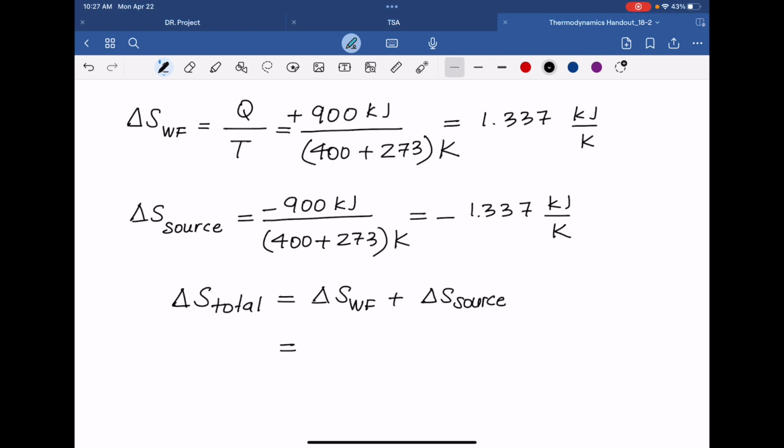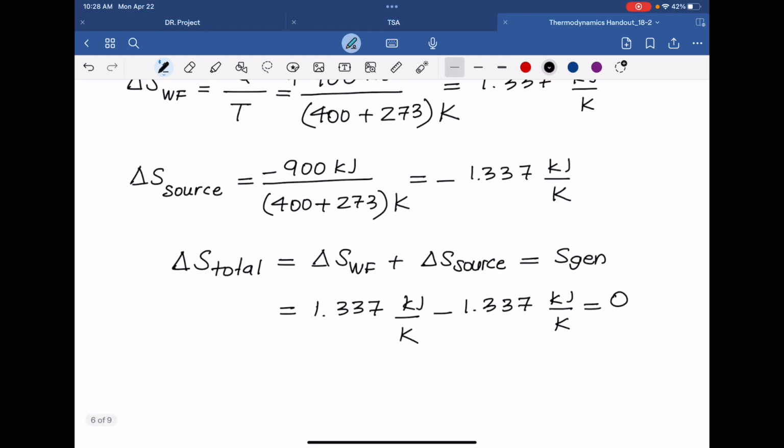And this should be equal to entropy generated. In this case, when we do that, it should give us 0, because entropy generation in a Carnot device is actually 0, because it's completely reversible again in theory.